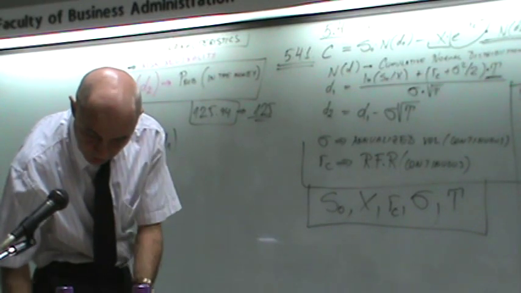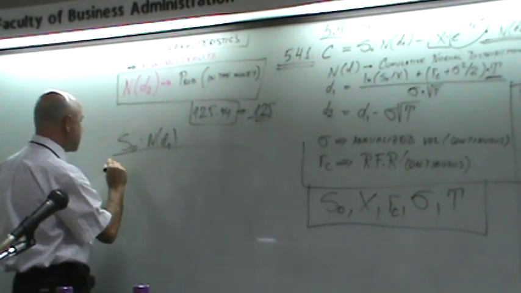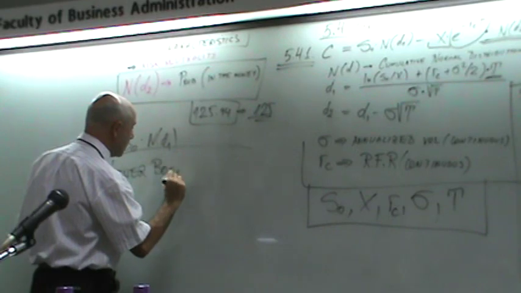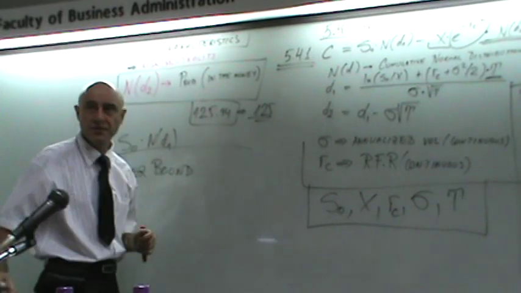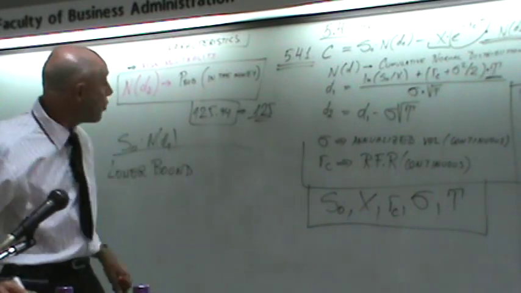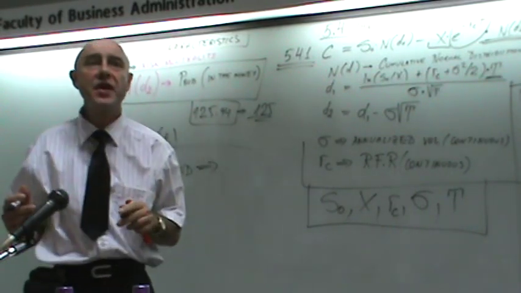Formula, the lower bound. Again, they got this whole thing for the lower bound. This is on page 141. The lower bound of a European call, and the short answer is very simple.